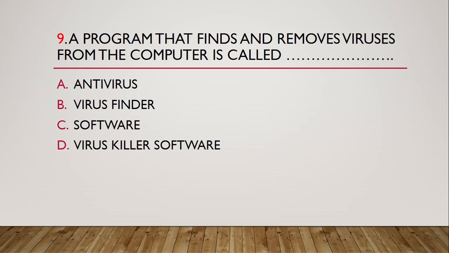Now, since we know that once a computer is infected by a virus, there can be problems in your computer, we need to do something to protect our computers from these viruses. Okay, just like when we are sick, we take medicine or we are vaccinated against diseases so that we don't catch diseases.